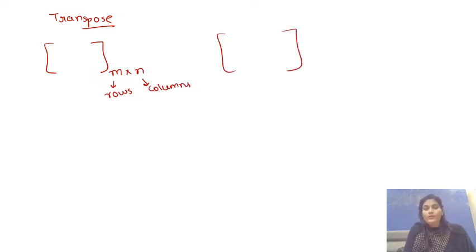In a matrix, you have rows and columns, right? The order represents rows by columns. If you interchange the rows with columns, so that your new matrix has order n by m instead of m by n, then that matrix is regarded as the transpose.